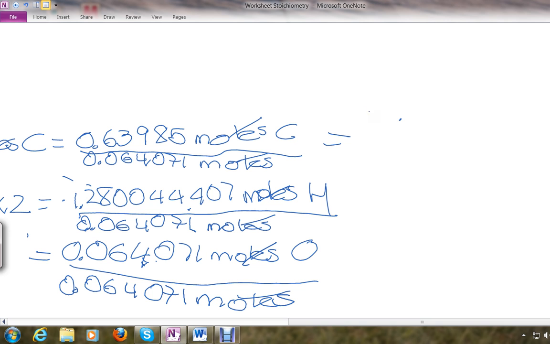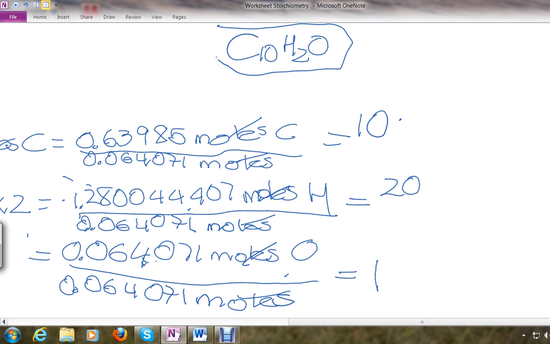This is going to give you 10 for carbon, oxygen is going to be 1, and the hydrogen is going to give you 20. So the empirical formula for the menthol would be C10H20O. O1 if you want to put it so there's no confusion, but you know the subscript 1, you don't write it.